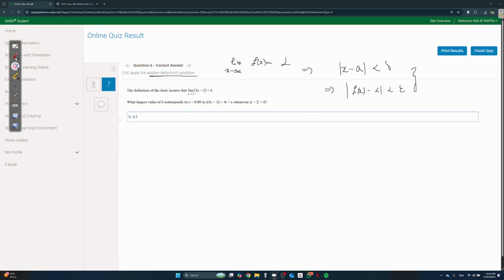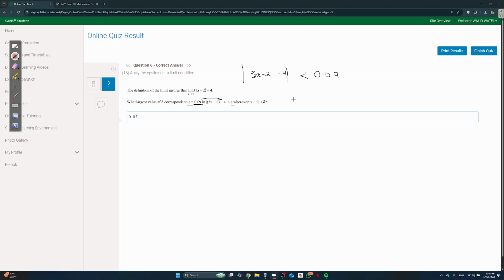They're saying epsilon is 0.09, so you just substitute everything. In the exam, they're going to give you the value, just substitute it. So the absolute value of 3x minus 2 minus 4 is less than epsilon, which is given as 0.09. Expanding this, you get 3x minus 6 less than 0.09.